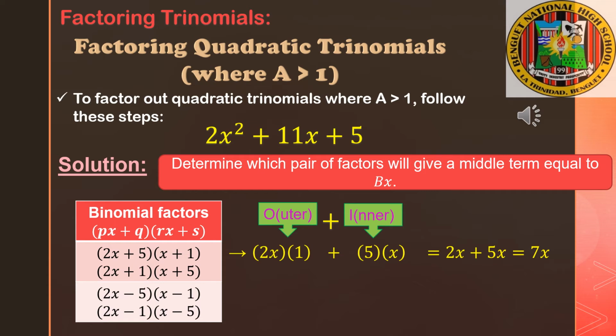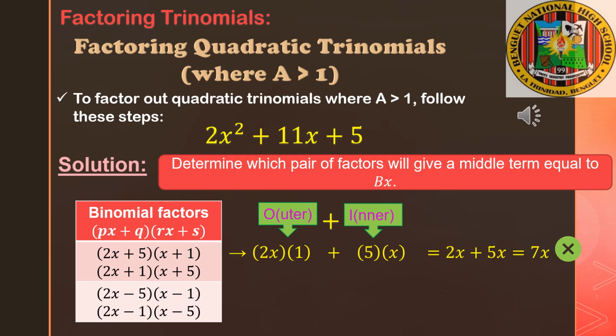If we get the product of the inner terms, we have 5x as a result. Now, if we add these products together, our answer is equal to 7x, which is not equal to the second term, which is 11x. If that's the case, then the quantity 2x plus 5 and the quantity x plus 1 are not the factors of our given trinomial.